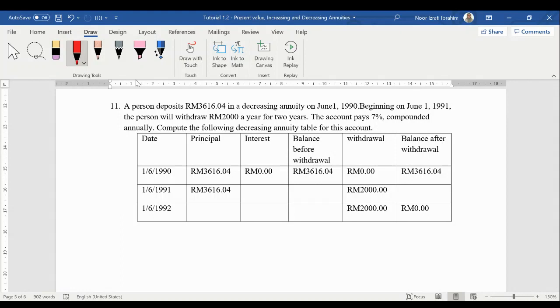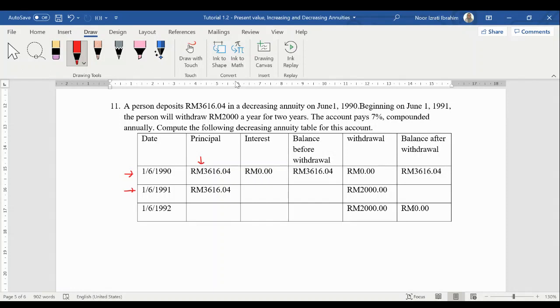In 1990, nothing happened yet because they only put in the amount. After 1 year, a withdrawal of 2,000 is made.